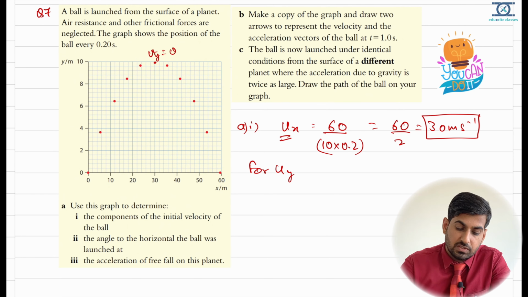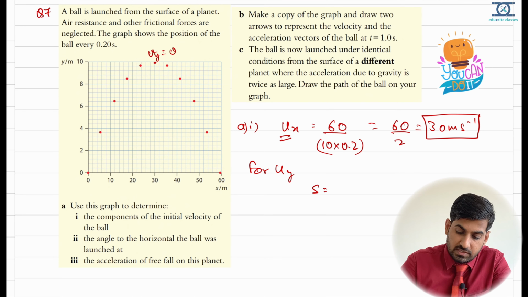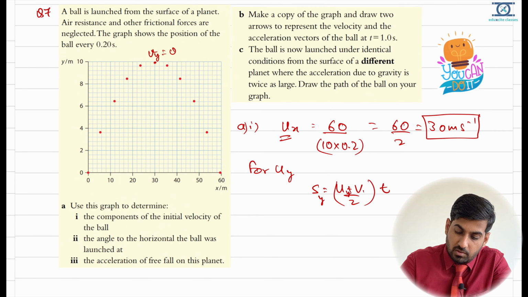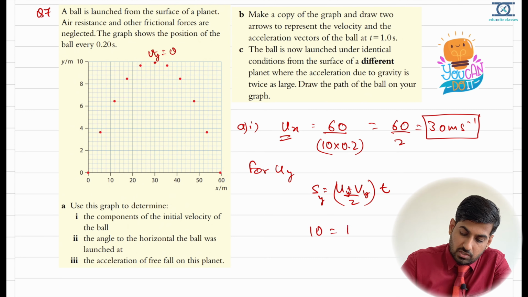So in that case, what we can do is we can use the formula in your data booklet. One formula is s equals (u plus v) by 2 times t, right? I am using this for the vertical component. Now I know that at maximum height the final velocity is 0, so I can say this maximum height is 10, given in the question. uy I have to find out, plus 0, divided by 2, time is 1 second.